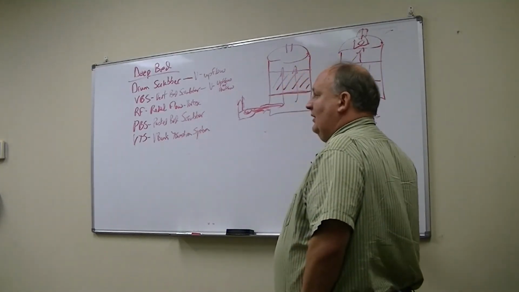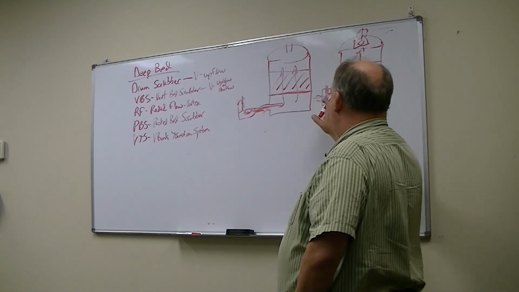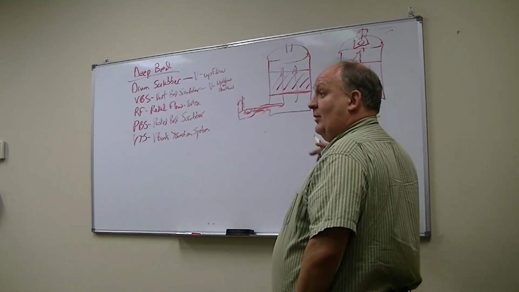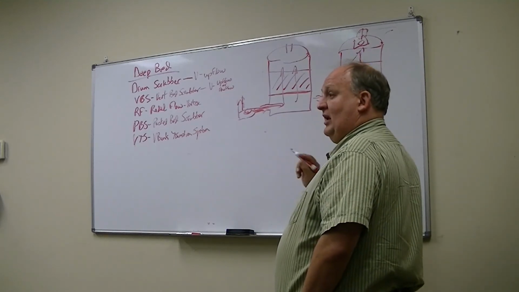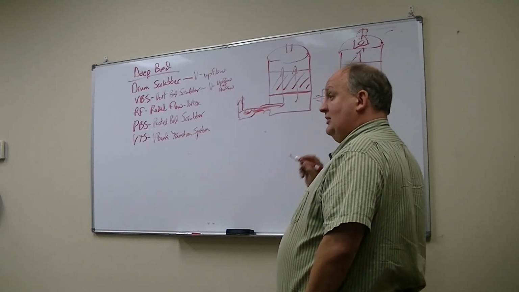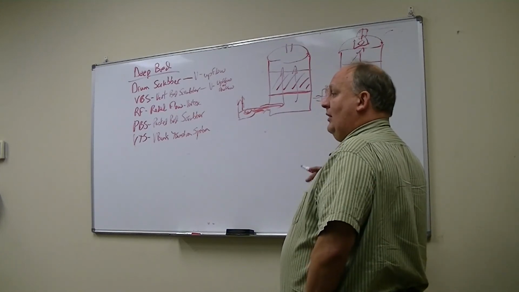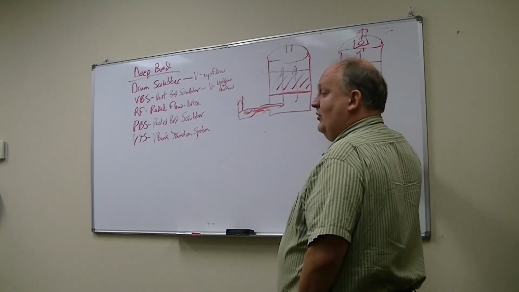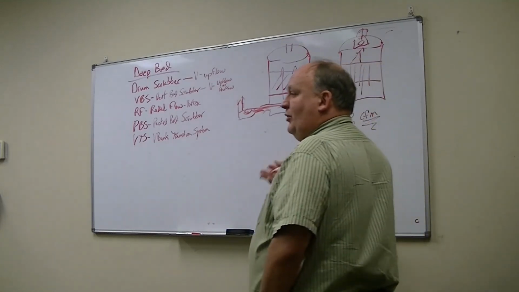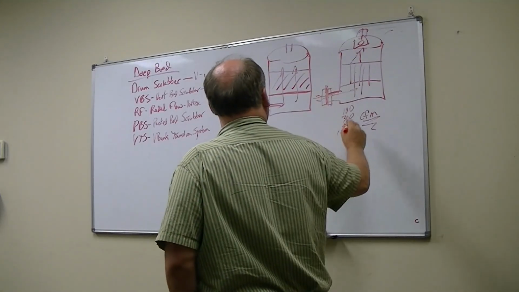When I say that, we don't want to give it away, but if a customer orders a drum scrubber and doesn't order the mist eliminator, we really need to call them out and say, listen, we strongly recommend that you add this to your order. We think that there's going to be negative effects on the performance, and you're going to be a lot better off if you include this. So we can put that in the submittal. Okay, so that's the drum scrubber.